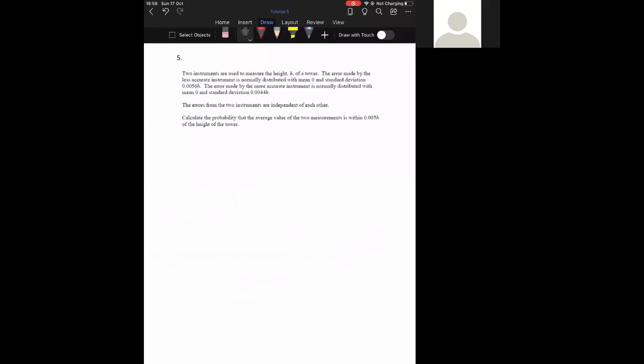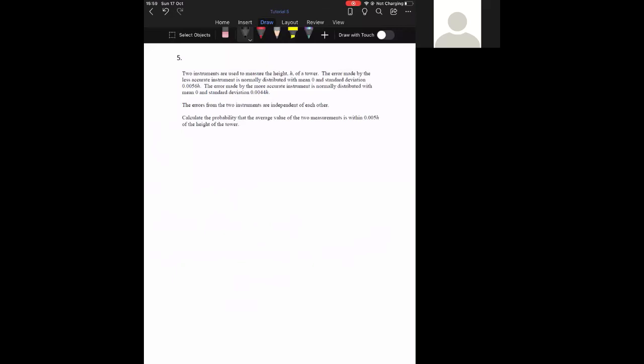Okay, so the question says two instruments are used to measure the height h of a tower. The error made by the less accurate instrument is normally distributed with mean 0 and standard deviation 0.0056h. The error made by the more accurate instrument is normally distributed with mean 0 and standard deviation 0.004h.